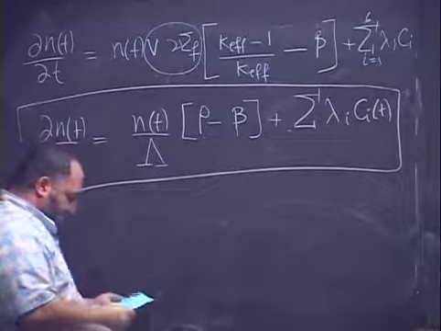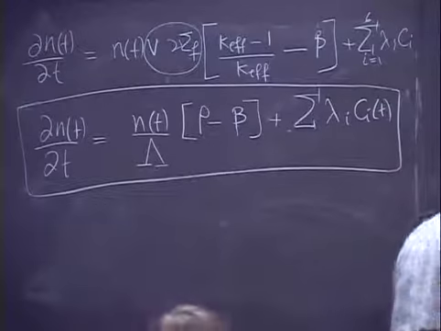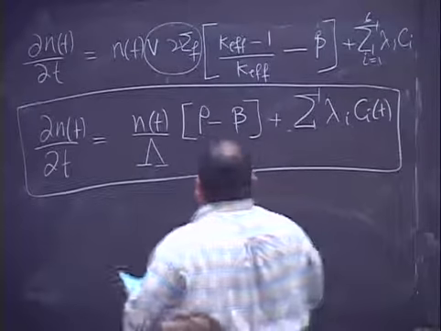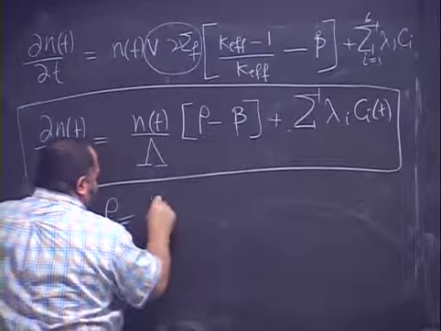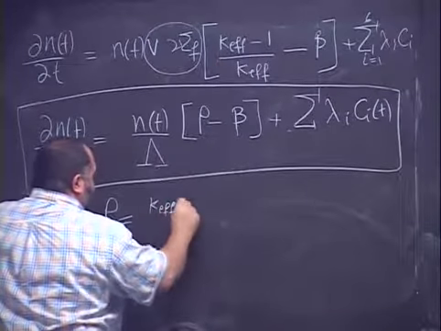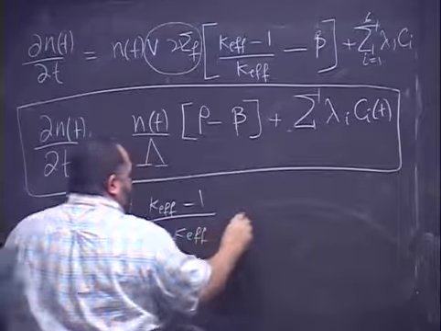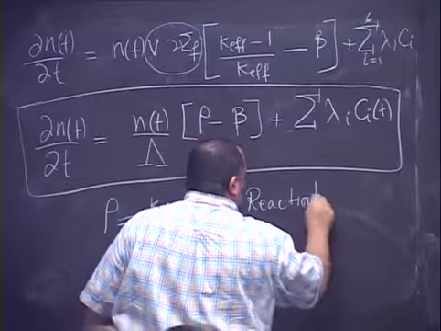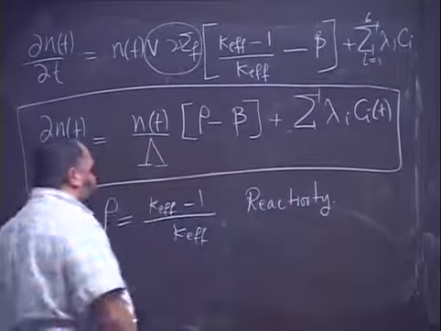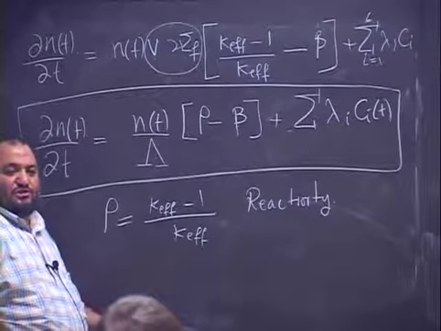So what's rho? Rho is equal to K effective minus 1 divided by K effective, and it's called reactivity. How many of you took Nuclear Engineering 250?